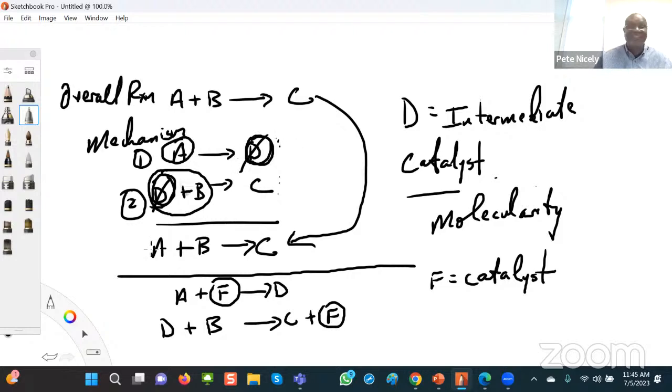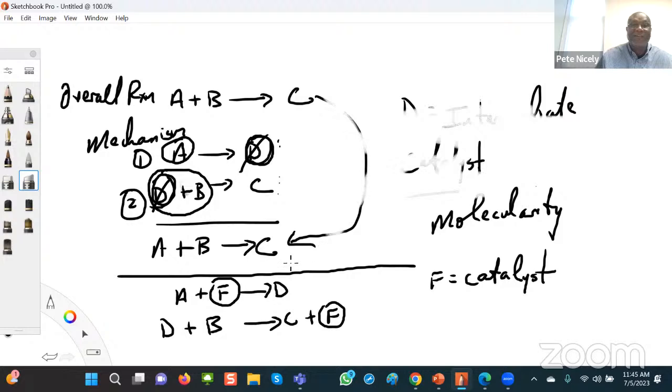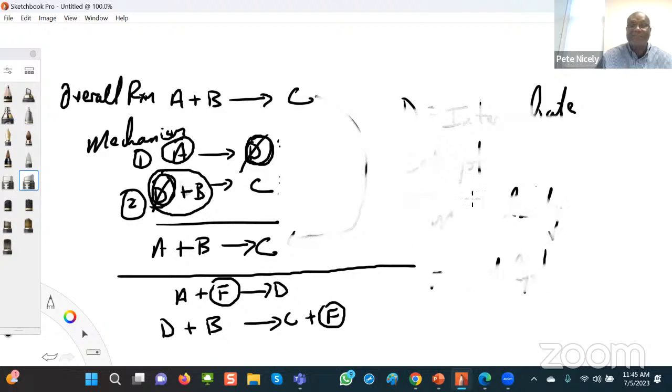Okay, let me erase some of this here so make things more clear. Okay, so going back to this first mechanism that we have over here.